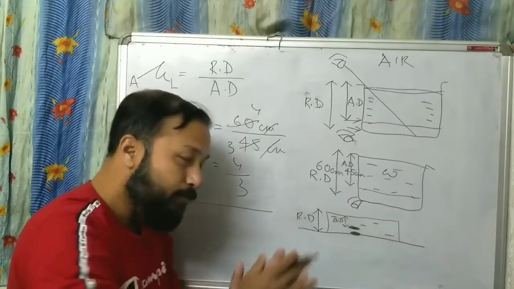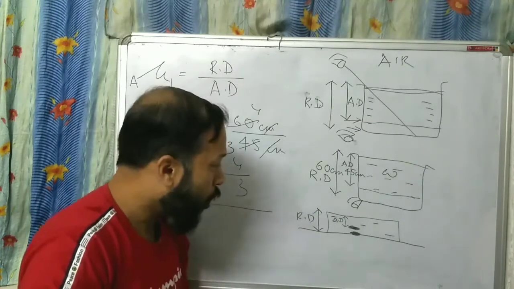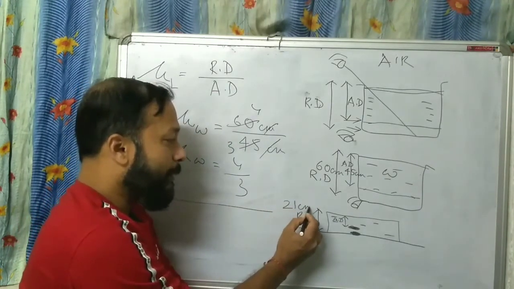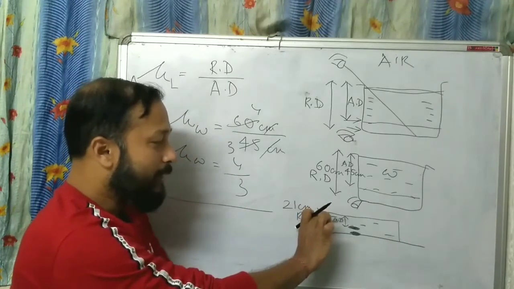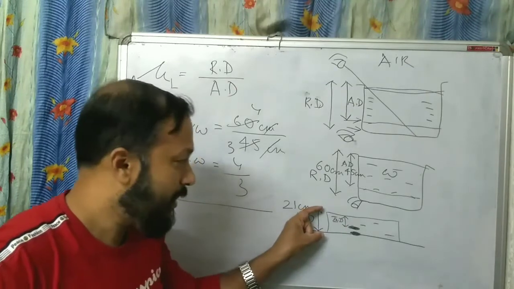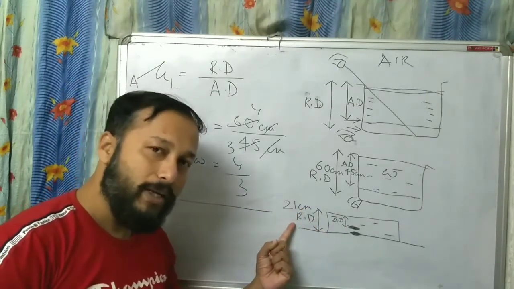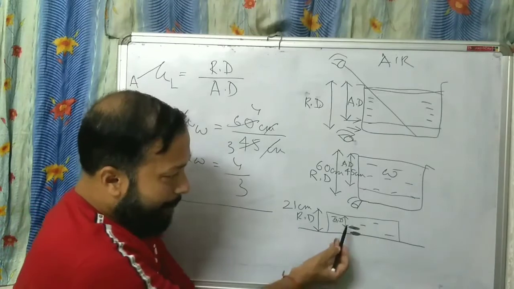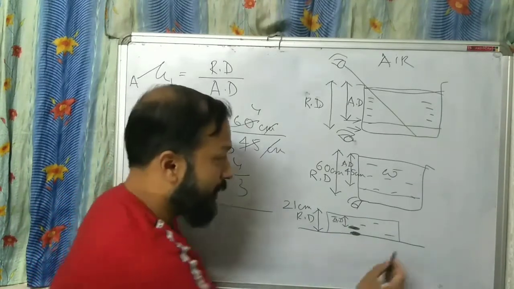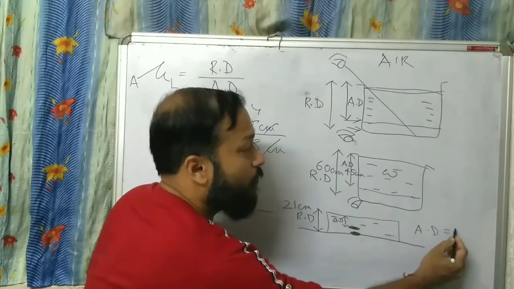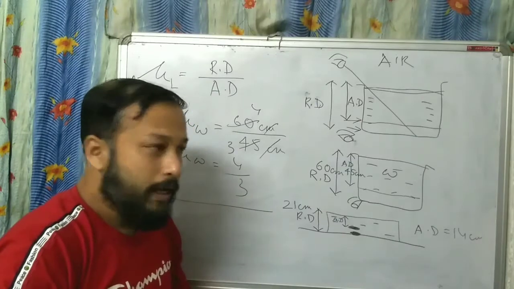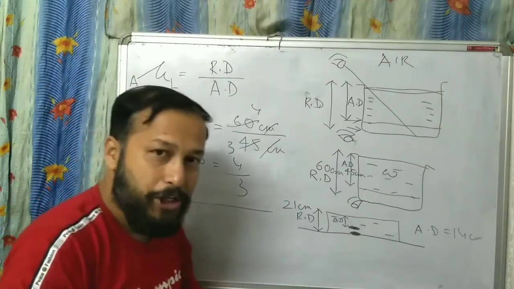This is an experiment we are doing, and say we got real depth as 21 centimeter, meaning the height of this glass slab is 21 centimeter. Apparent depth is say 14 centimeter. Got it? So I can use this equation now.